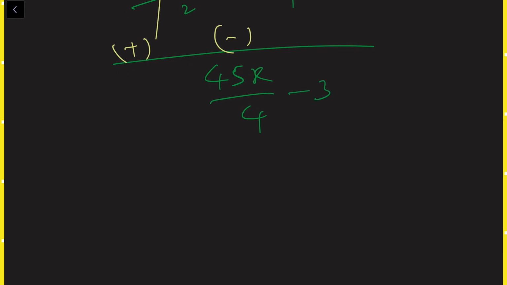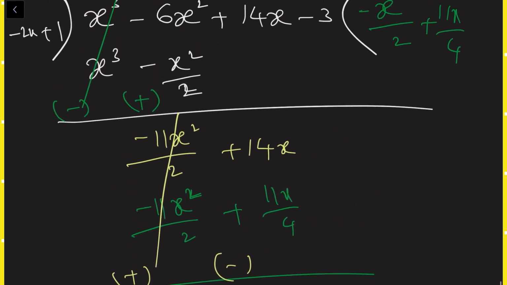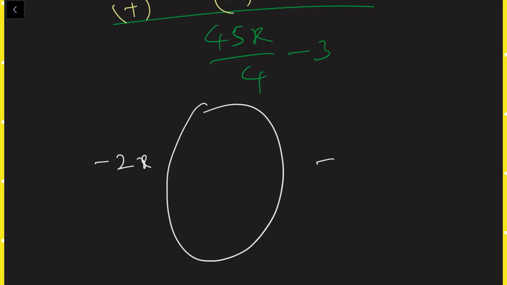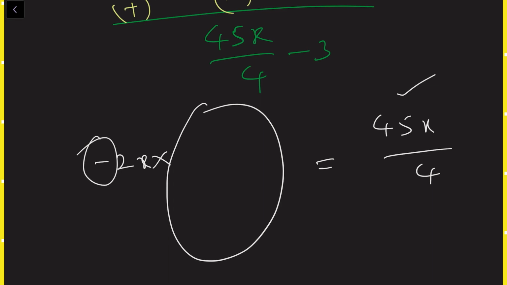Now first term is minus 2x. Minus 2x should be multiplied by which number so that our answer will be 45x divided by 4? Here minus is there, in the answer minus is not there, so it means this should be minus compulsorily. Answer 45 is there, here 45 is not there, so compulsorily here 45 should be there. Here x, there also x, no problem.